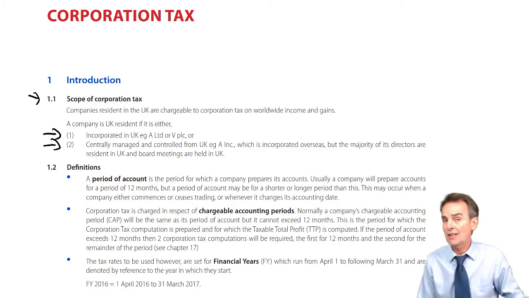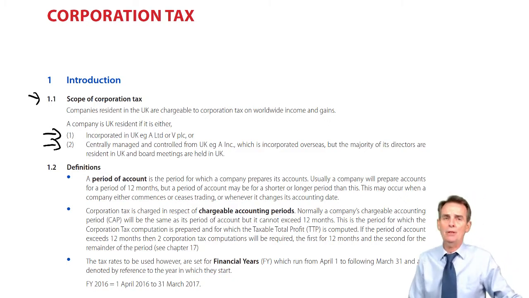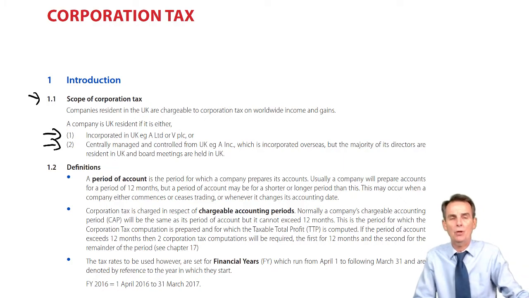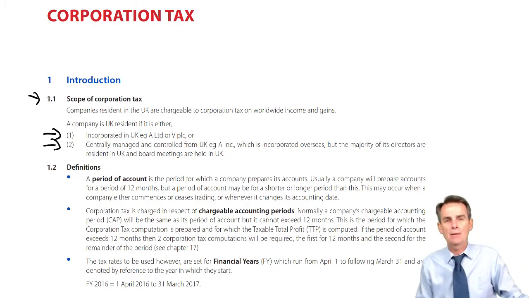Now, if of course any overseas tax, like in Italy, had also been suffered, there is a relief system known as double taxation relief, but none of that is a worry for you at F6. The pleasures of that await you at P6 there, so something to look forward to, no doubt.